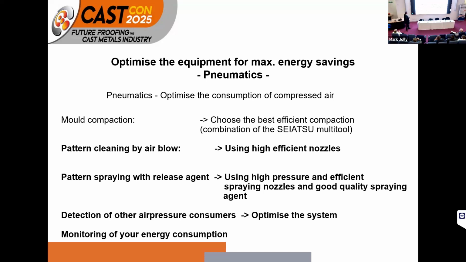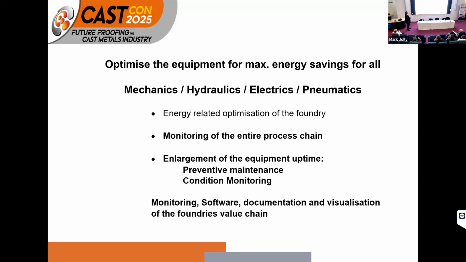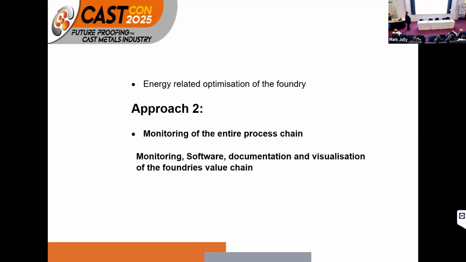We can also use a high-pressure spraying agent for the release agent, using a good spray, and find and detect other air pressure consumers in the system and try to avoid them as much as possible. So this is what we can do from the supplier side or the manufacturer side.